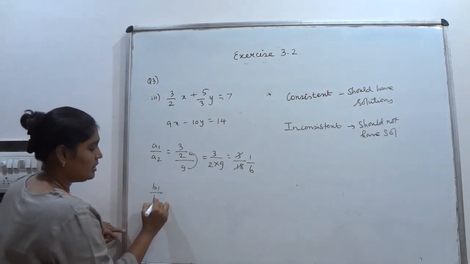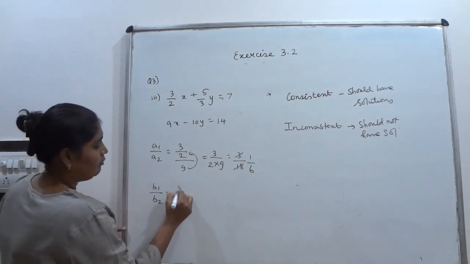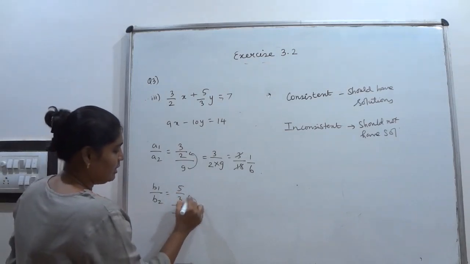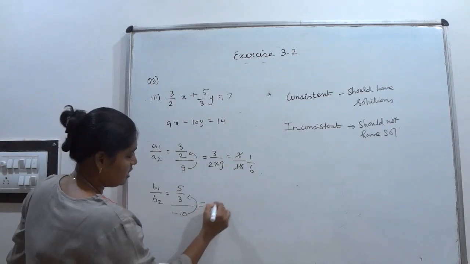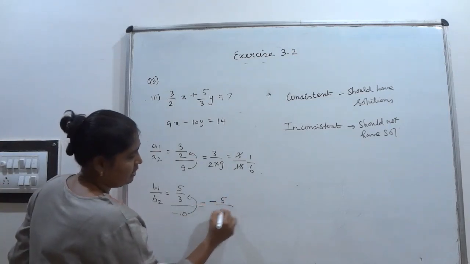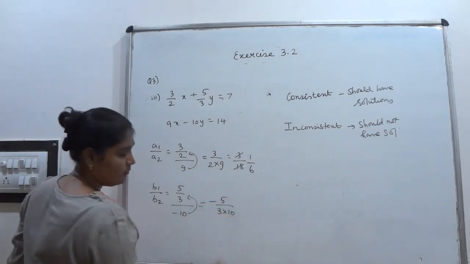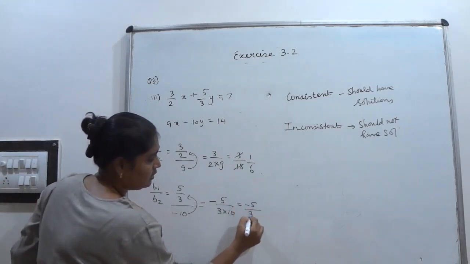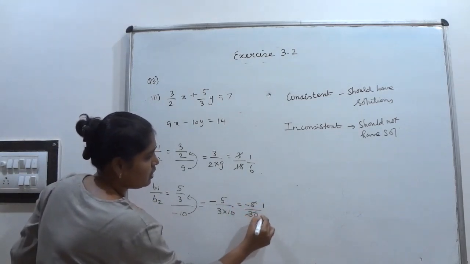B1 upon B2: 5 by 3 upon minus 10. That means minus 5 by 3 into 10, equal to minus 5 by 30, that is minus 1 by 6.